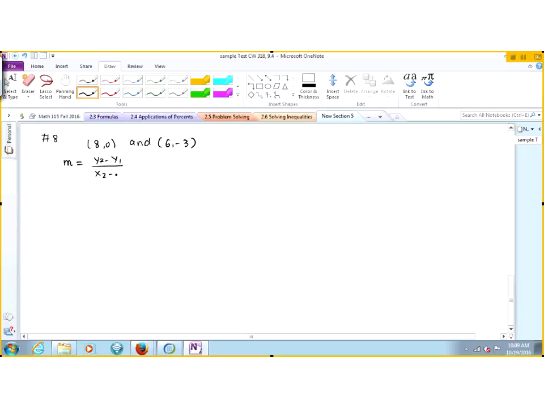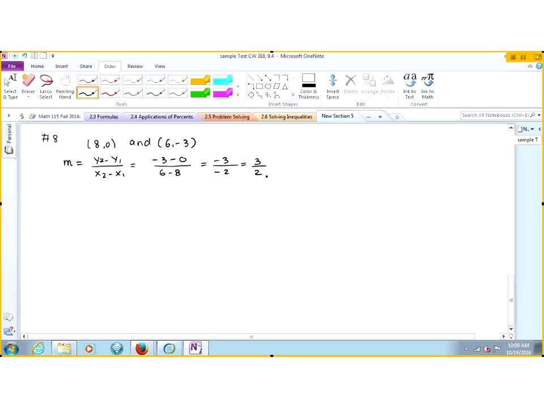y2 minus y1 divided by x2 minus x1. Yes, y2 minus y1. What is y2 minus y1? -3 minus 0 divided by 6 minus 8. So this is -3 divided by, which is 3/2. Yes, good. No, this is the slope.